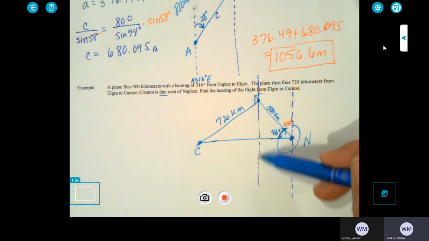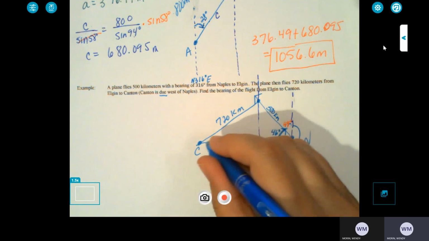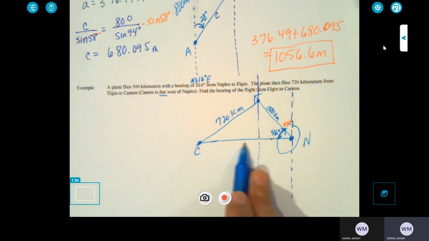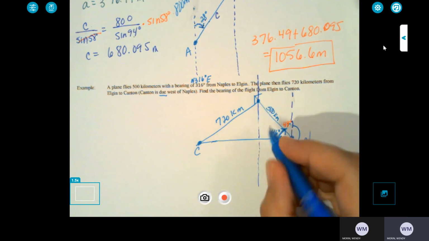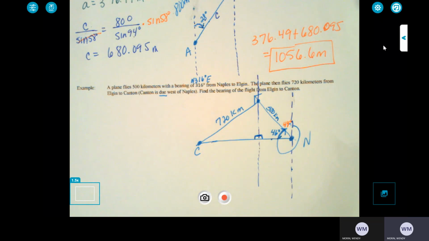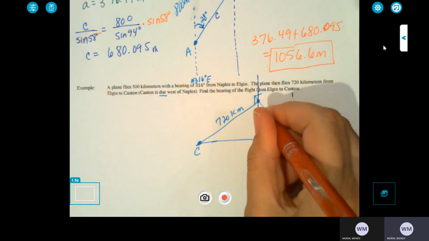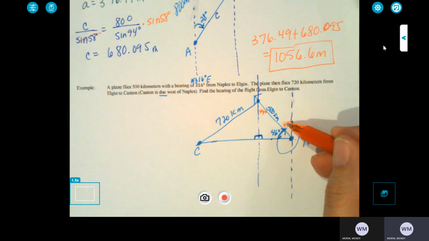Well, we know that these are north-south lines, right? And this is east and west because it says due east. So you can only assume that when they tell us. From here to here is due east. This is a north-south line. So I know these are 90 degrees. I know if this is 44, this one right here is 44 because those are alternate interior angles.